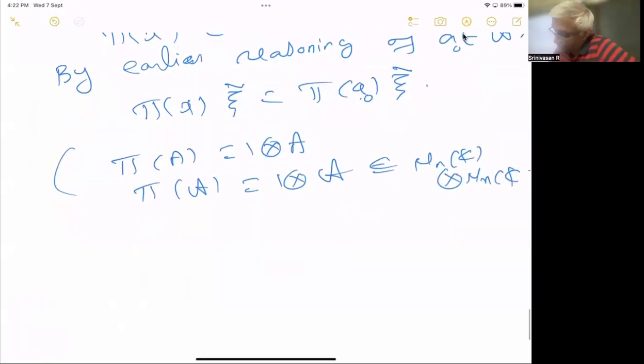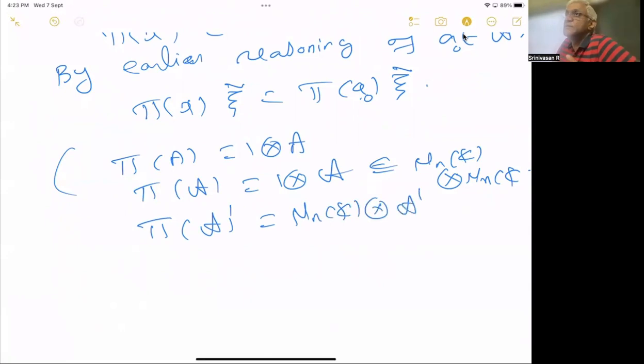What we have got is pi of A commutant is equal to Mn tensor A commutant. And the commutant is outside.